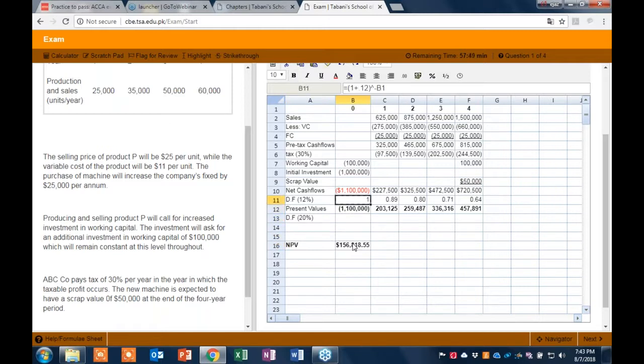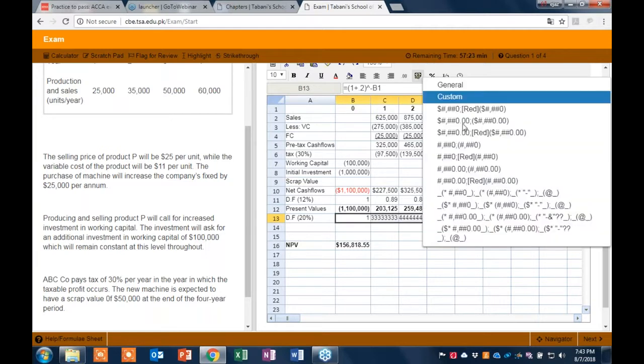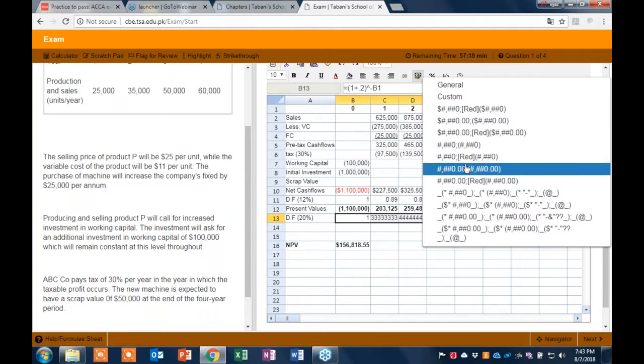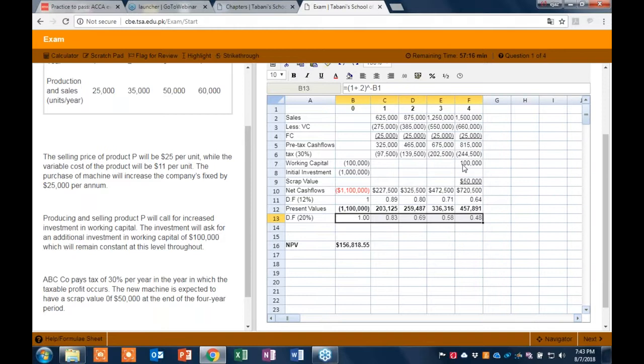I'll write the formula again for calculating discount factors: 1 plus 0.2 this time, as it's 20%, caret, minus sign, refer back to the years cell. Let me copy, and now let's change this format to decimal places.